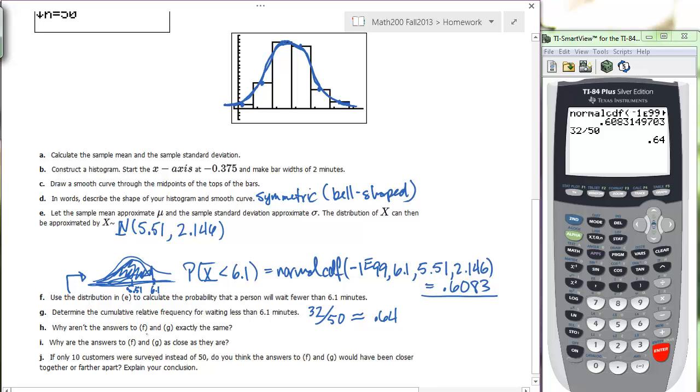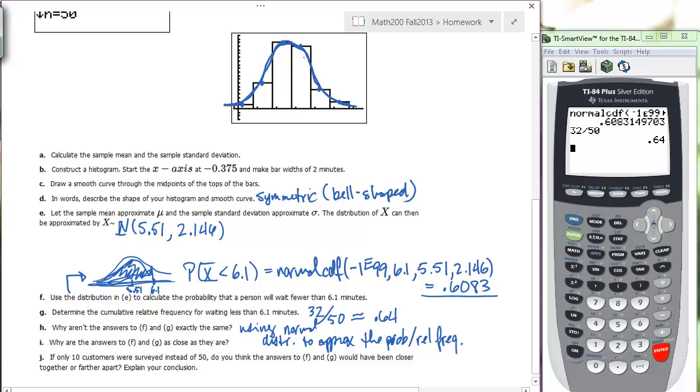Why aren't the answers exactly the same? They're not exactly the same because for the first one, we're using the normal distribution to approximate the probability or relative frequency. And why are they so close?